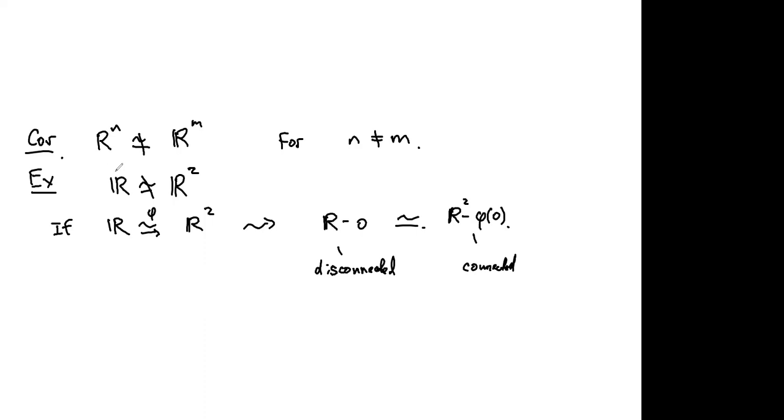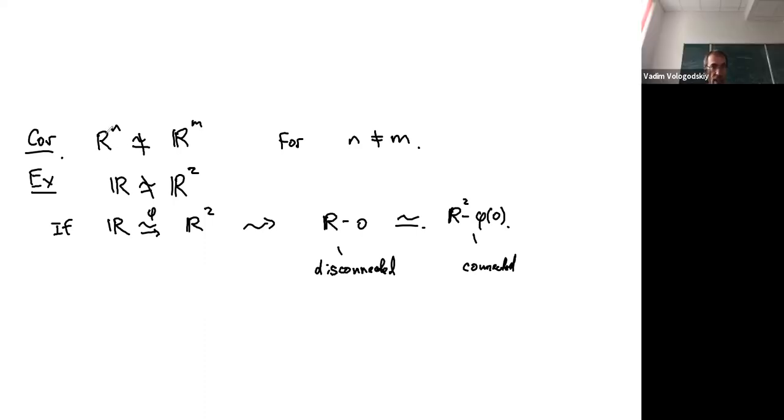So the first idea, of course, is that from the homotopical point of view, Rn is homotopy equivalent to a point. So the first idea is to remove one point. Consider Rn minus the origin and Rm minus a point.